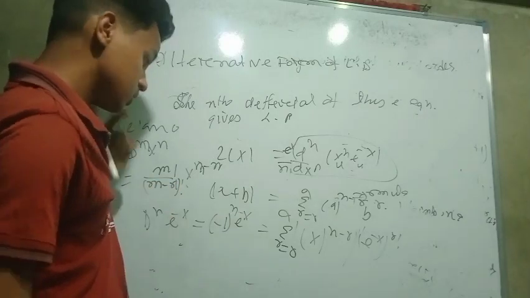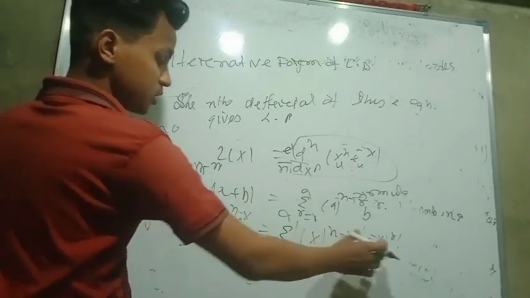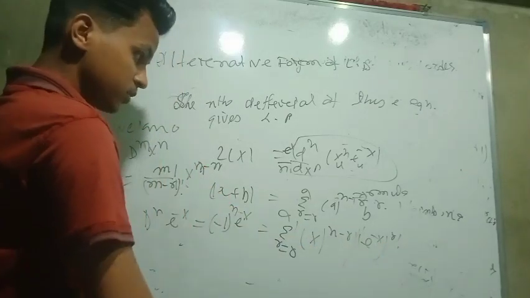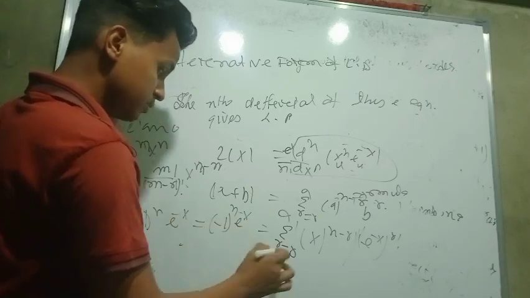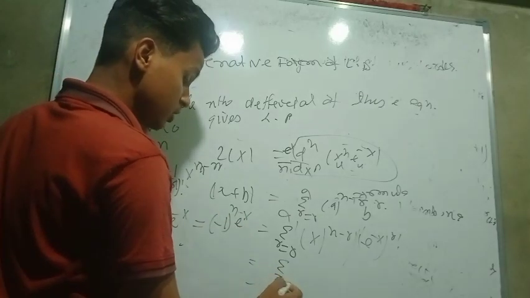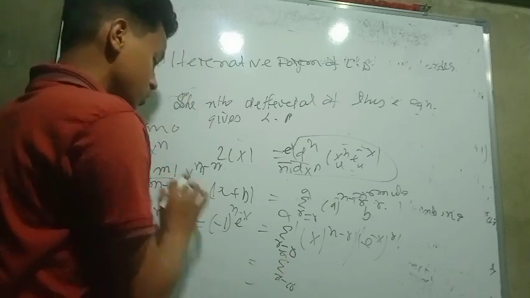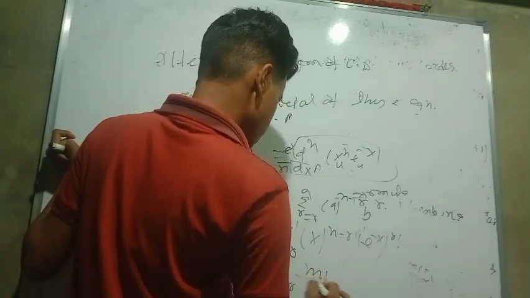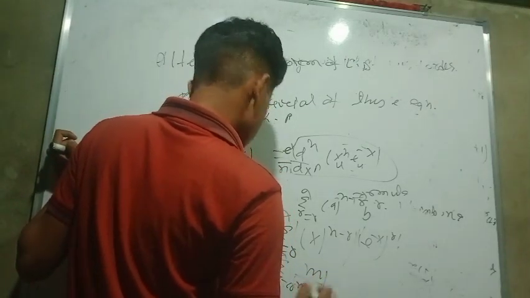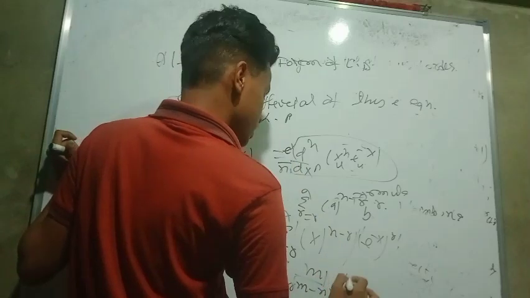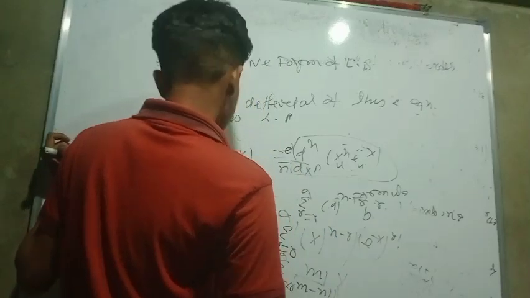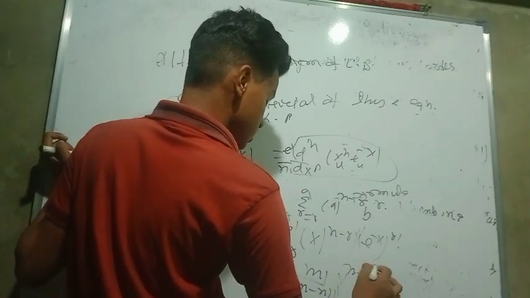So we are using this instead of this and this. Now it will give us the summation, r from 0 to infinity, of m factorial upon (m minus n) factorial x to the power n minus r.